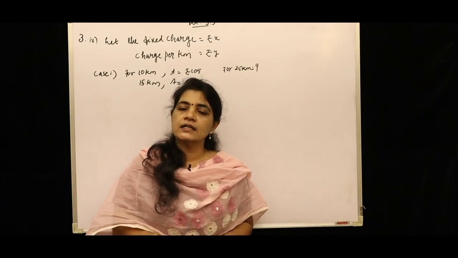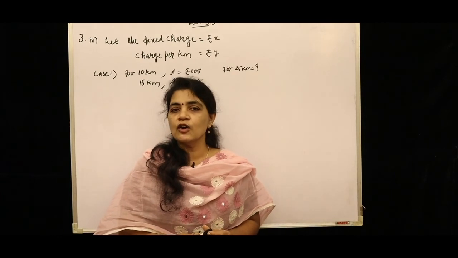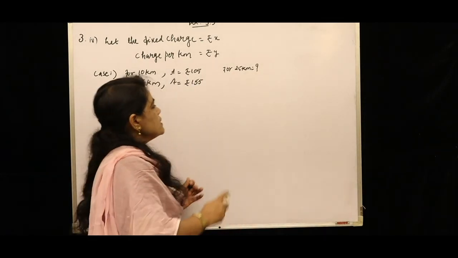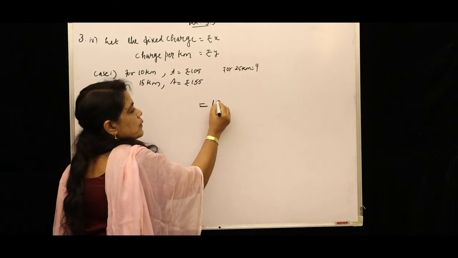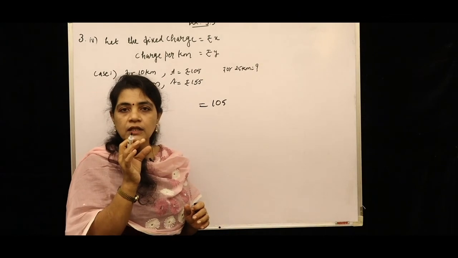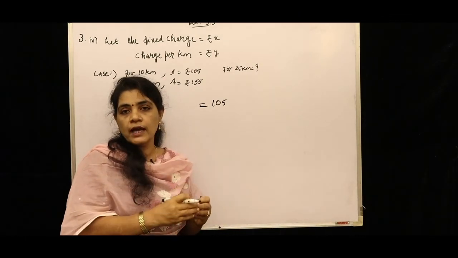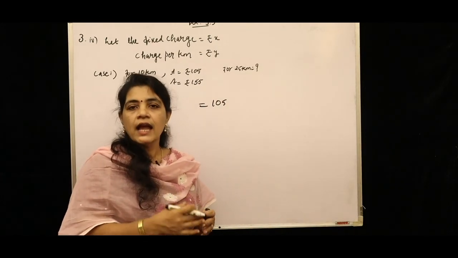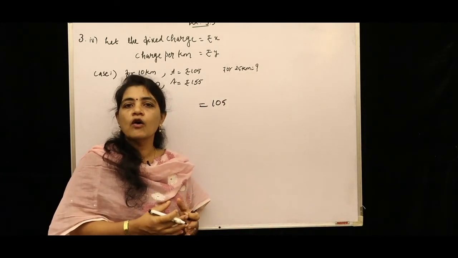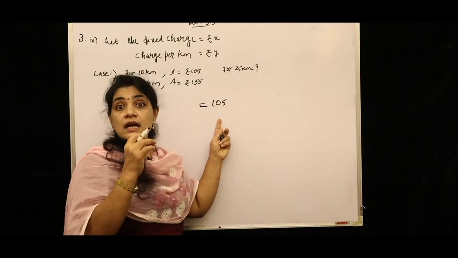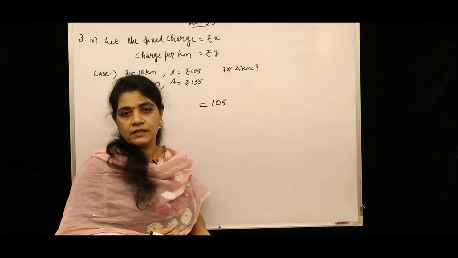Let the fixed charge be rupees x and charge per kilometer be rupees y as usual. See children, what is this 105? This 105 is two amounts together, that is the amount for fixed charge and the amount for a journey of 10 km. This includes fixed charge and charge for 10 km.